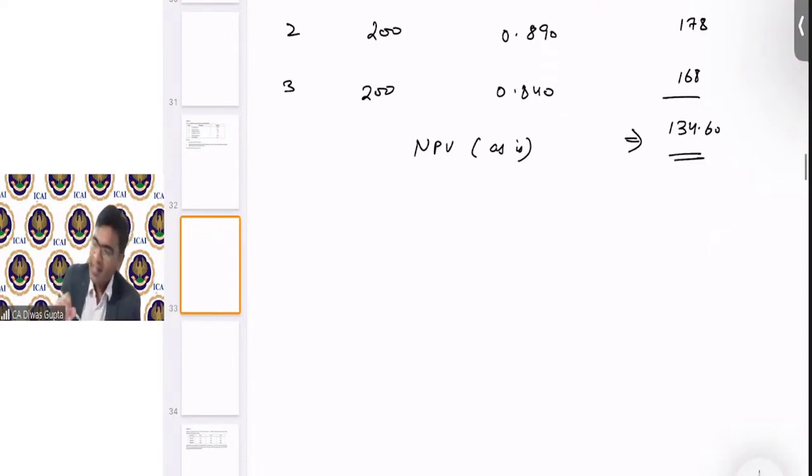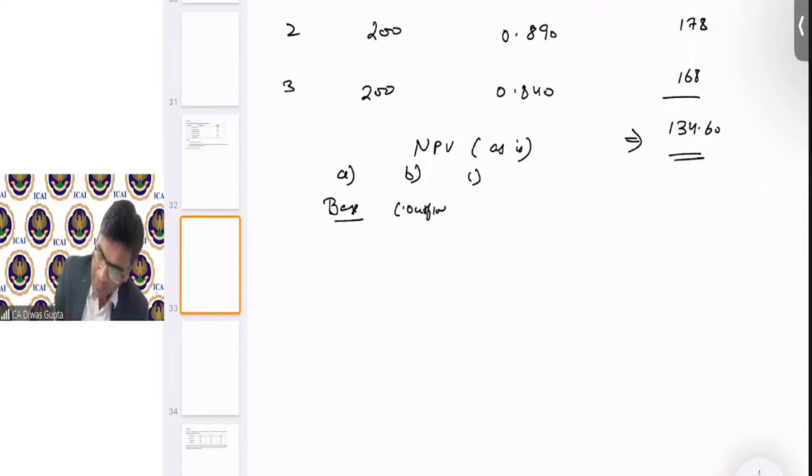So let's make these different scenarios. We will put all the scenarios compared to the base. First we will write base, this is our A. Then in B case, we are changing the cash outflow. C case, we are changing the selling price. D case, we are changing the variable cost.